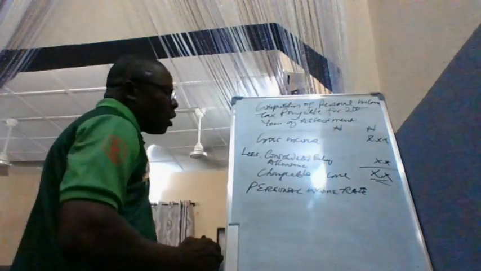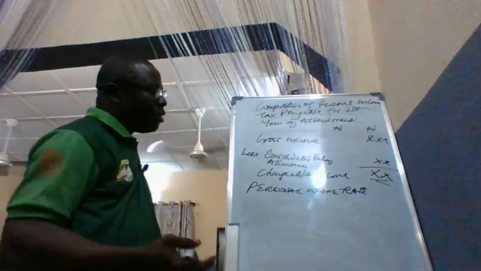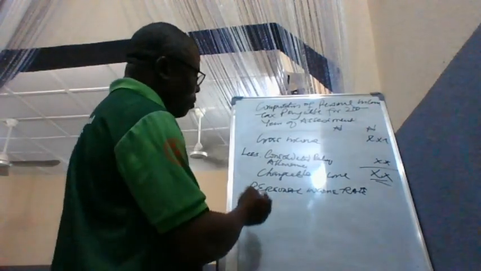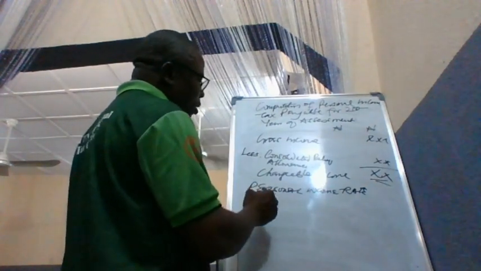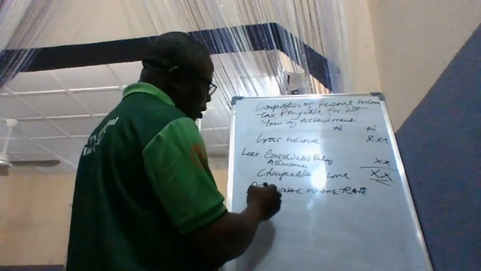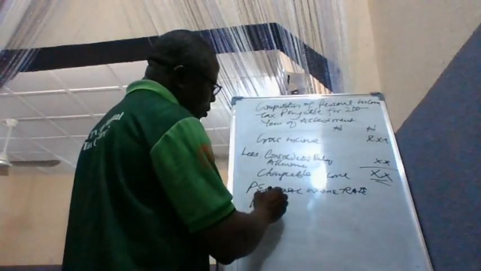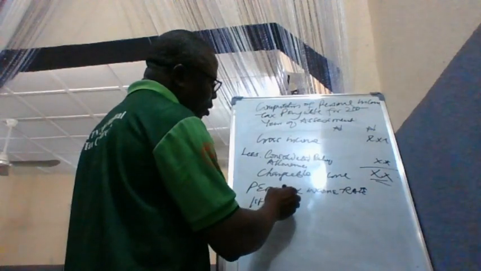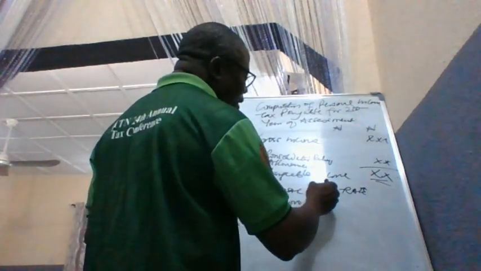So now the rates are from 7% to 24%. It means that the first 300,000 naira will be on the 7%.